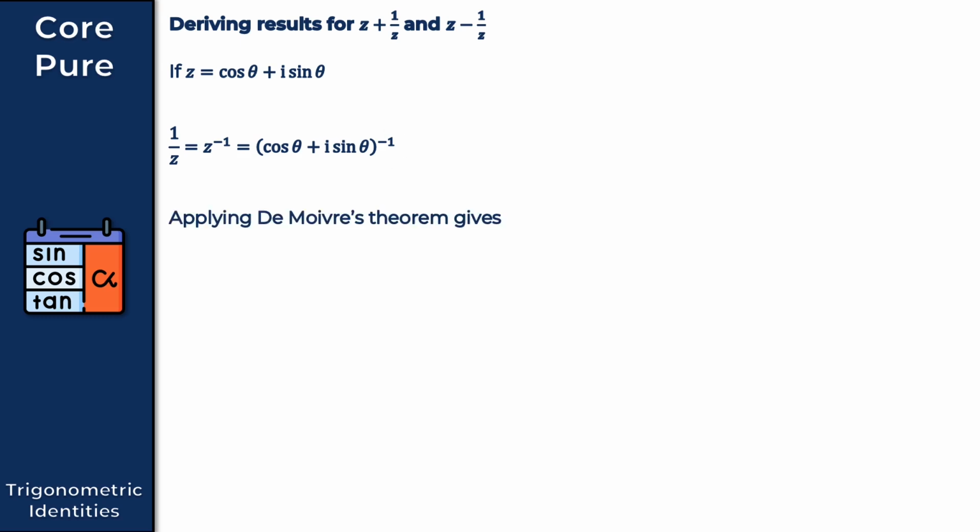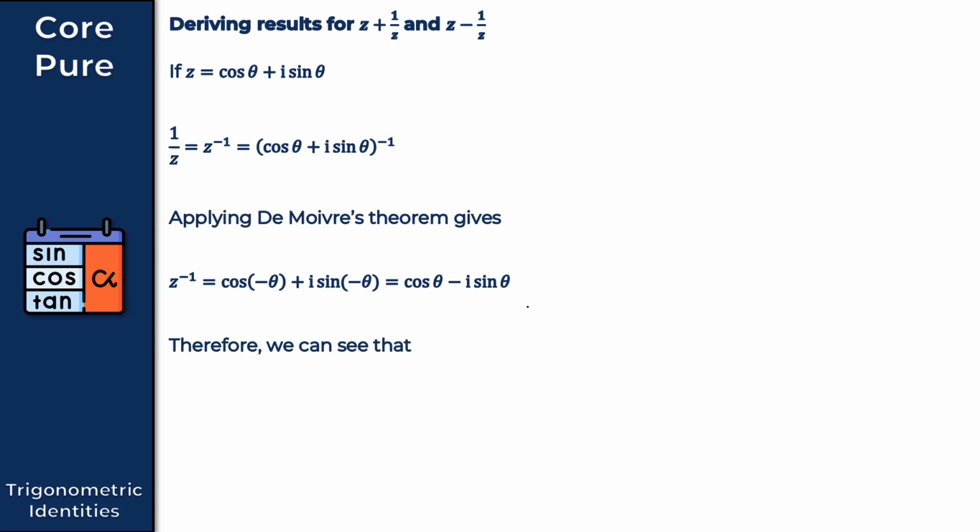So by applying Moivre's theorem here, we obtain that z to the minus 1 is equal to cos of minus theta plus i sin of minus theta, right? So this is just Moivre's theorem here. And in that case then, once we simplify here, we obtain cos theta minus i sin theta.